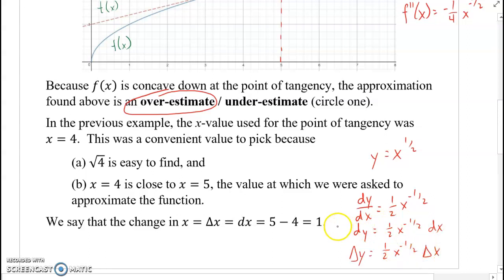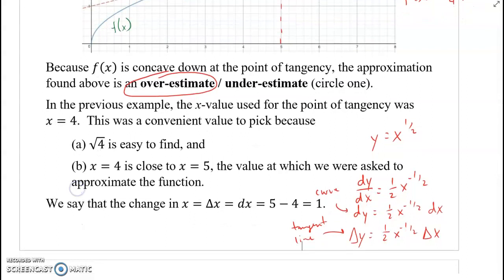So this is following the curve, and this is following the tangent line. Okay, so our slope, our change in y divided by our change in x, if our change in x is 1, then our change in y at x equals 4 equals 1/4. 1/2 times 1/2 is 1/4.